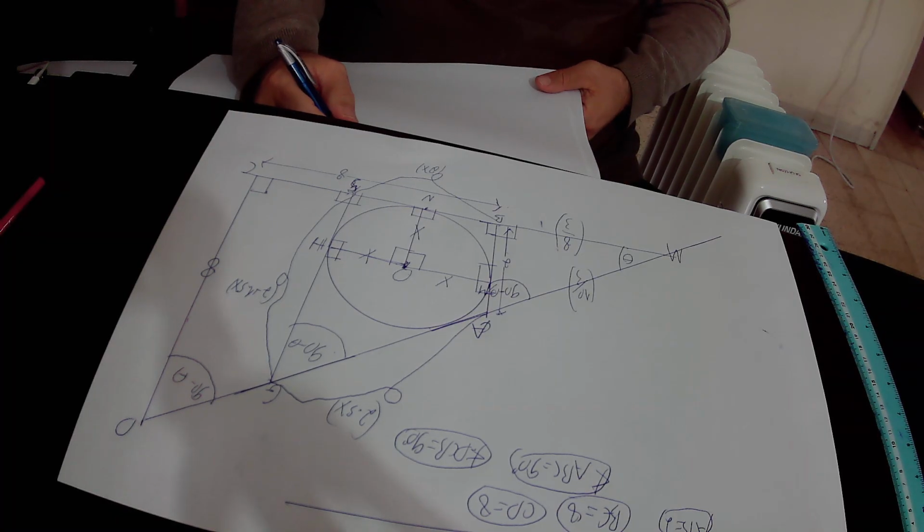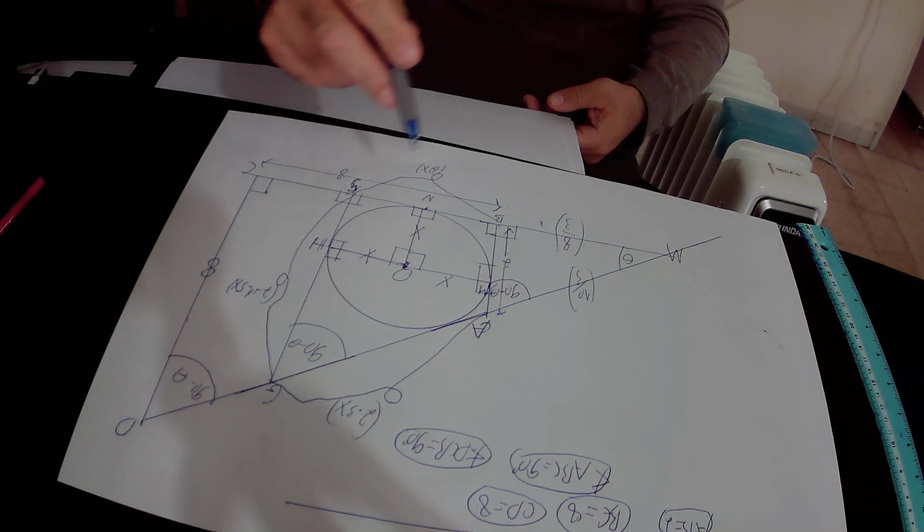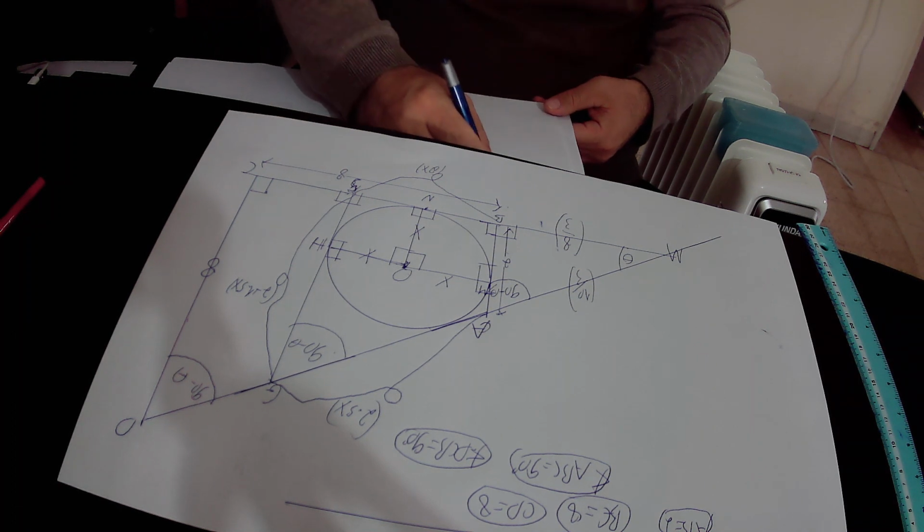In the next step, I will copy quadrilateral ABSG here in the new page.